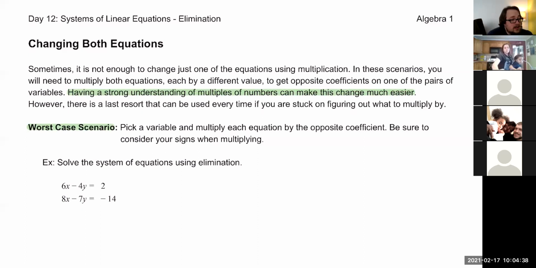So yes, technically you could change one into the opposite of the other, but what would happen is your constants would eliminate, but you would still have both the X and the Y. So you would eliminate part of it, but it wouldn't be one of the two parts that we're hoping for. Okay, gotcha. So think of the constants as just kind of being along for the ride. They're going to change, but we're not really focused on them as much as we are our variables. It's a good question.